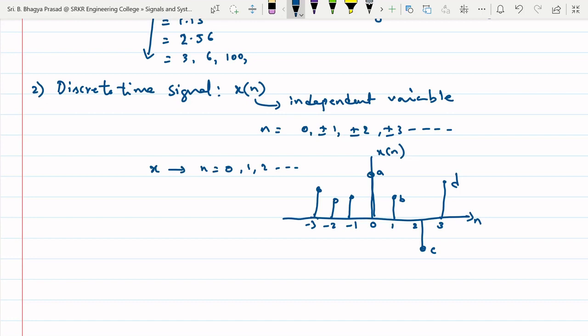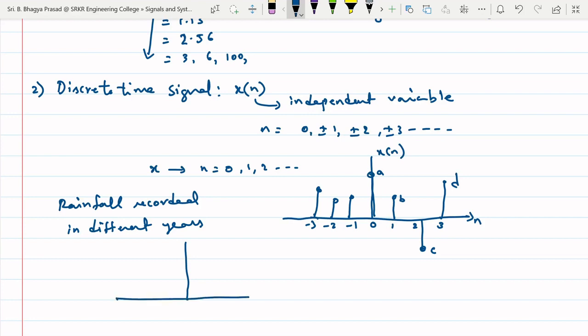And for example, you can say the rainfall recorded in different years. So the rainfall is like this.